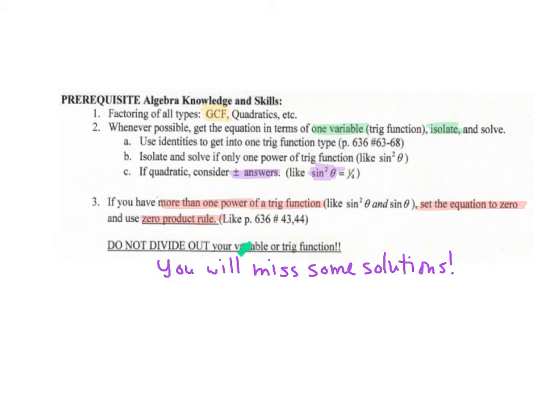You might think, I can just divide a sine out from both sides and it'll look a lot simpler, but then you're going to miss some solutions. So that's just a quick review of what you're going to need to know. If this doesn't make sense to you now because you haven't solved the trig equations yet, as you go through this section, come back and keep reviewing these things that you should know and remind yourself.